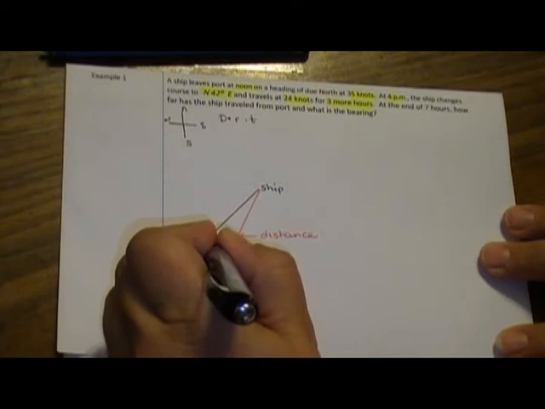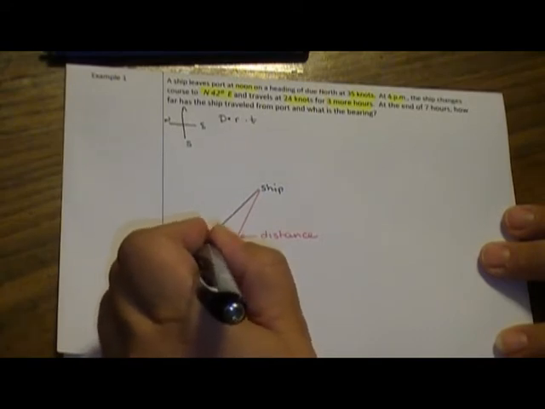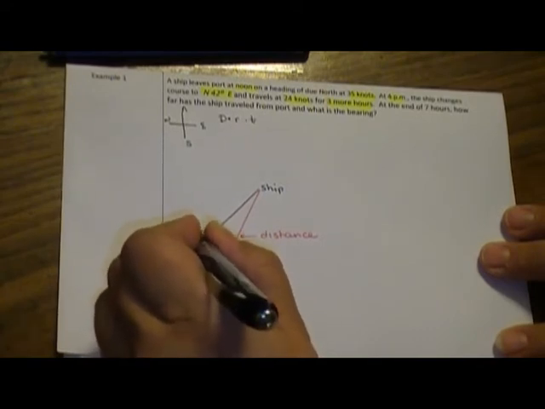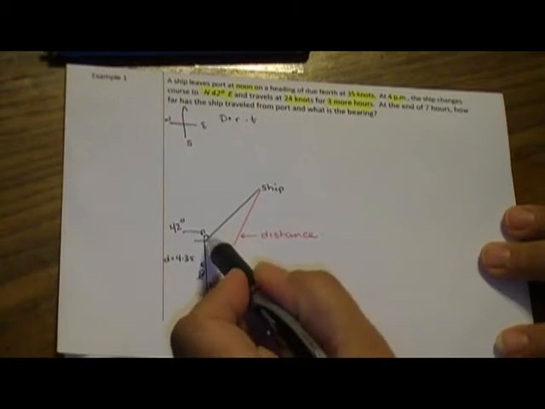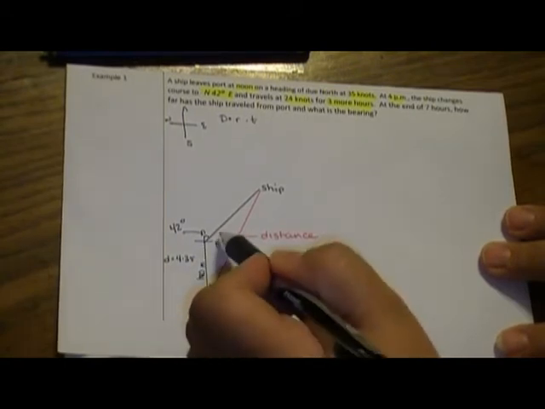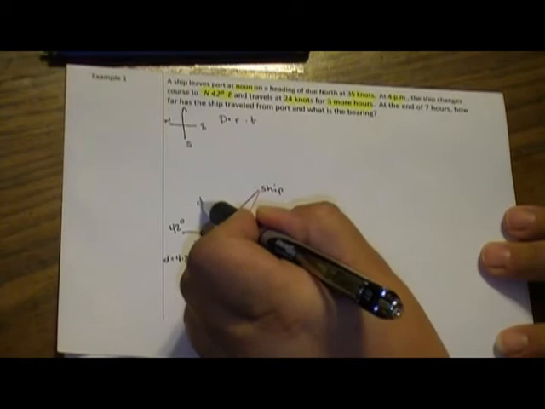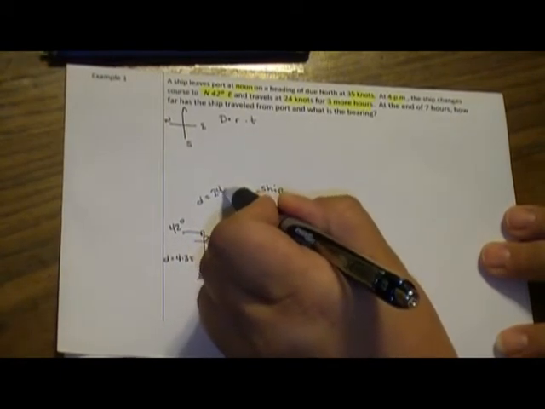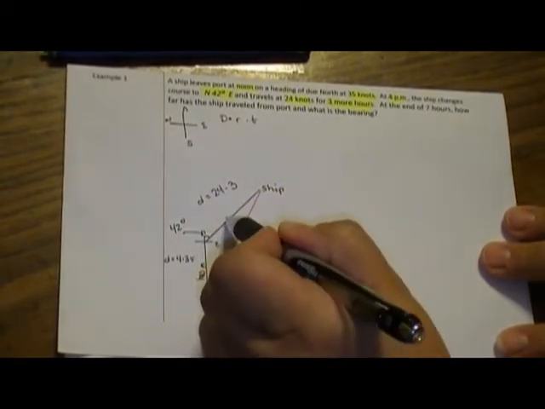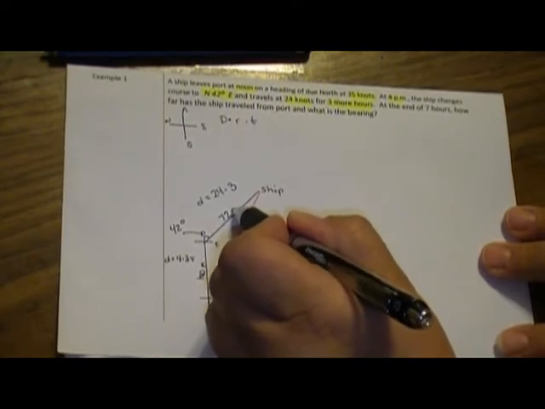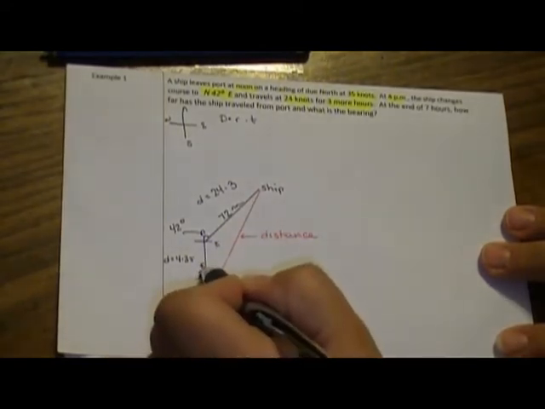This angle right here is 42 degrees, because again, it always has to come off the north-south line, and we went 24 knots for 3 hours. So this distance is 24 times 3, or 72 nautical miles. I guess I should put the yellow in there.